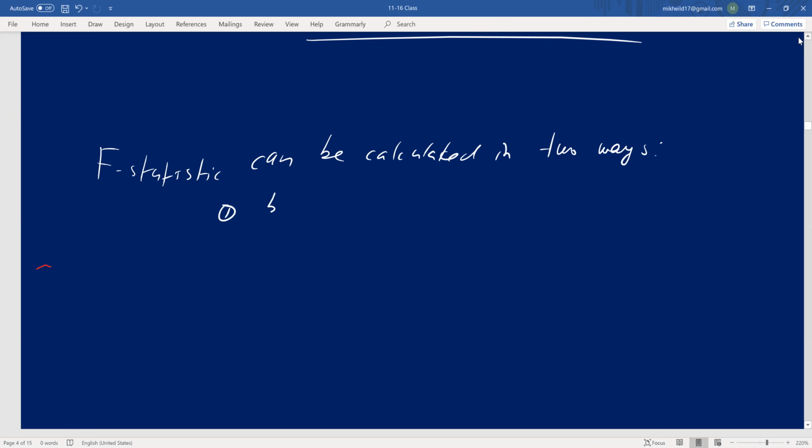One, based on R squared, not on the adjusted.